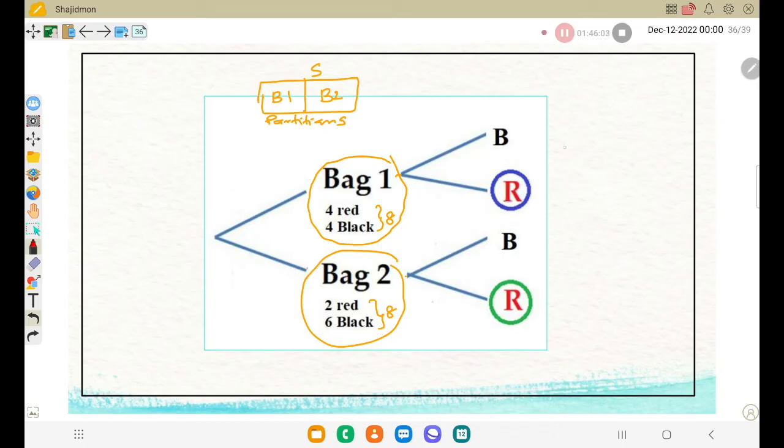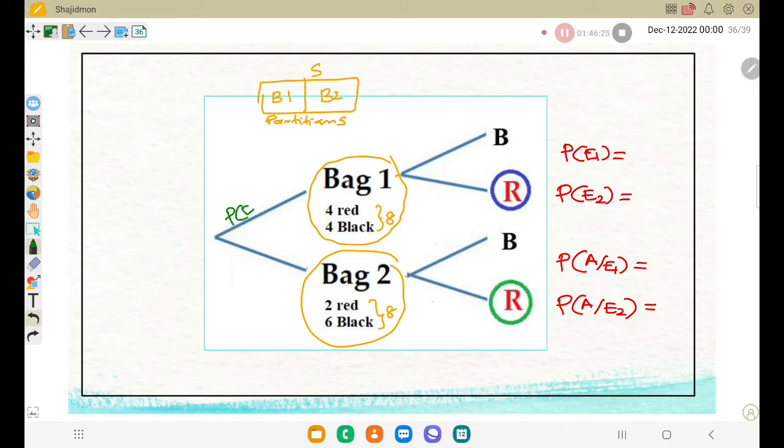Now we can check the probability of E1, the probability of E2, the probability of A given E1, and the probability of A given E2. These four numbers we need to calculate. First, what is the probability of E1? E1 means selecting bag number 1.